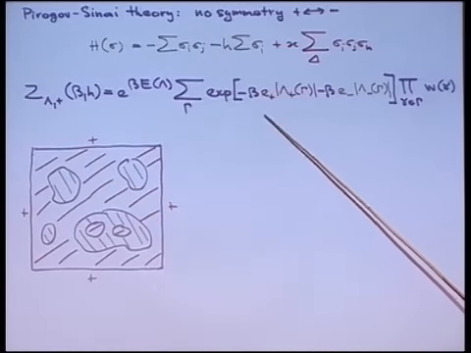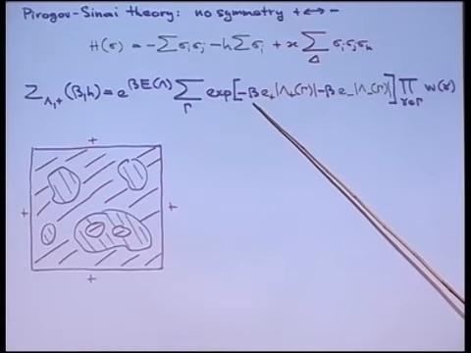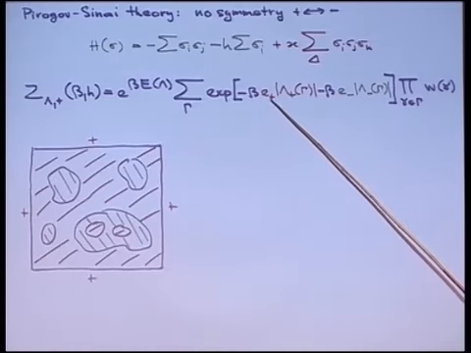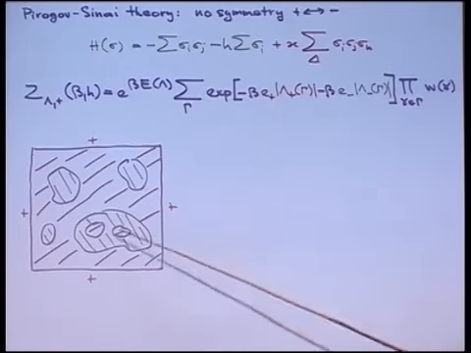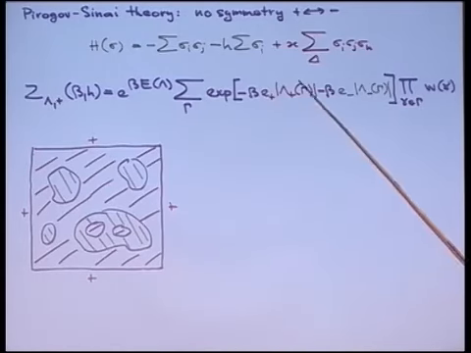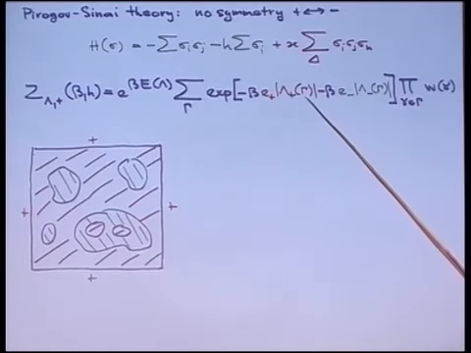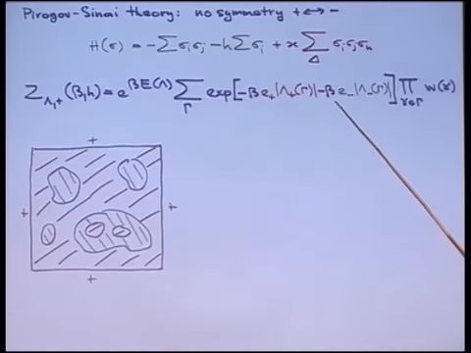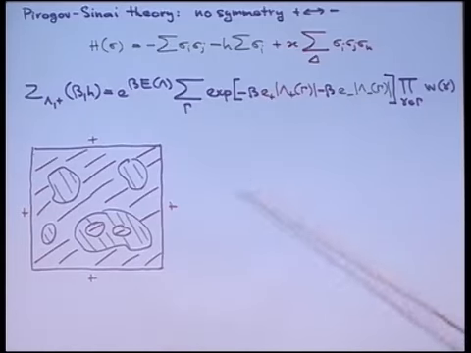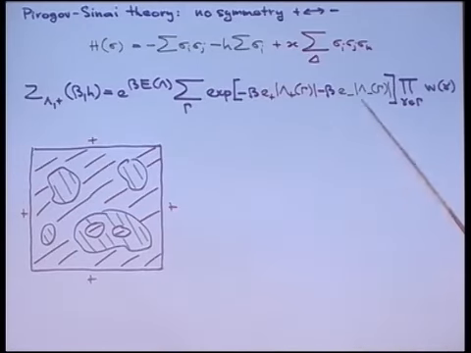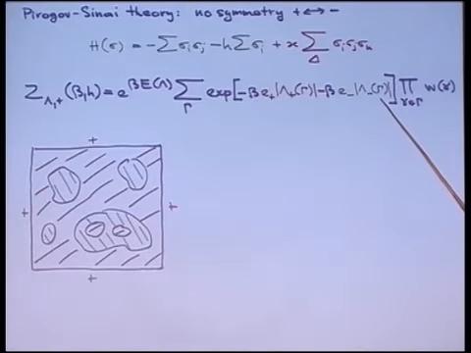There will be a term that gives me minus beta e plus, which is the energy of the pure plus region, times the area covered by this plus region. That depends on my configuration of contours. Minus beta energy of minus regions, times the volume of minus regions.